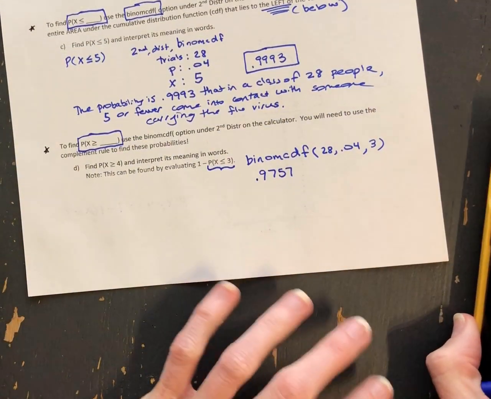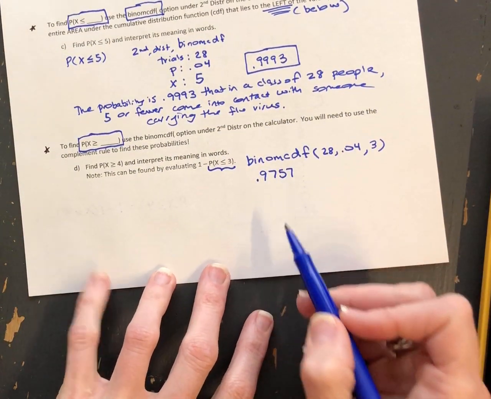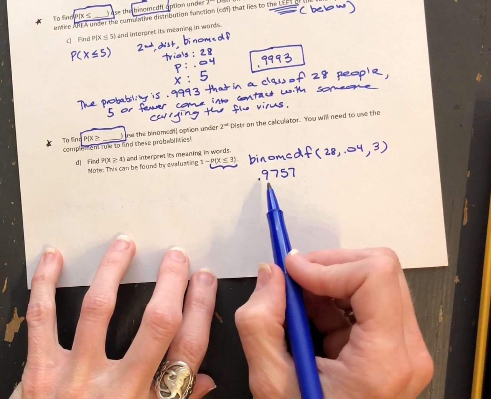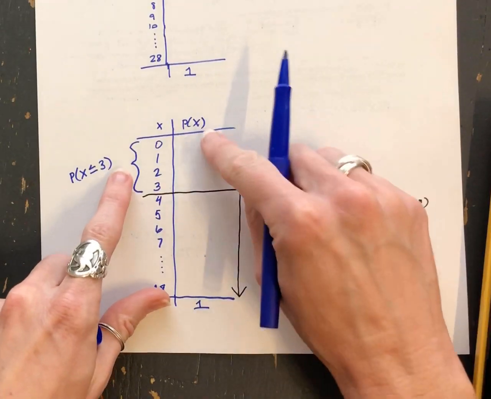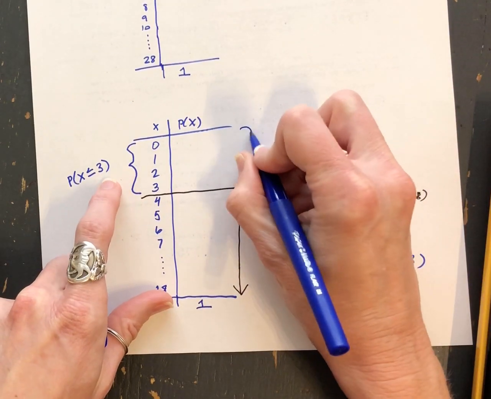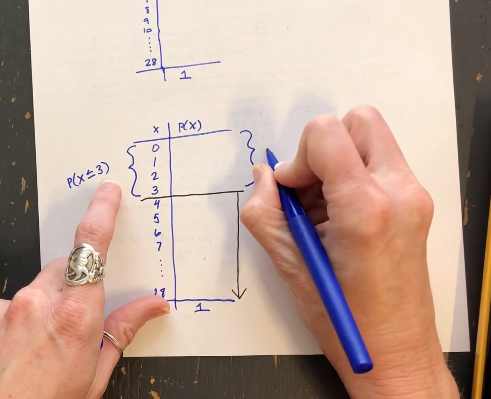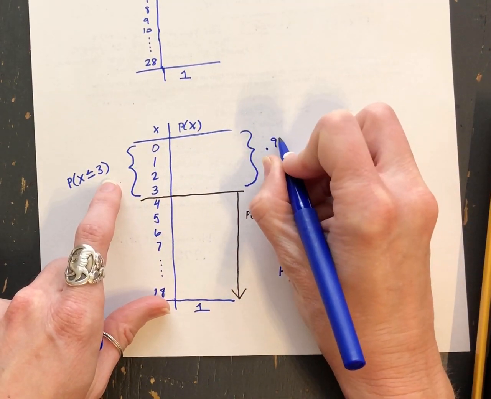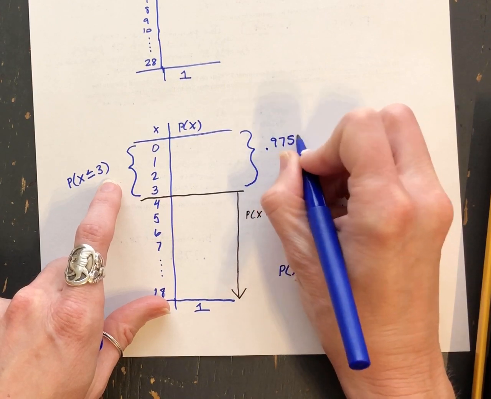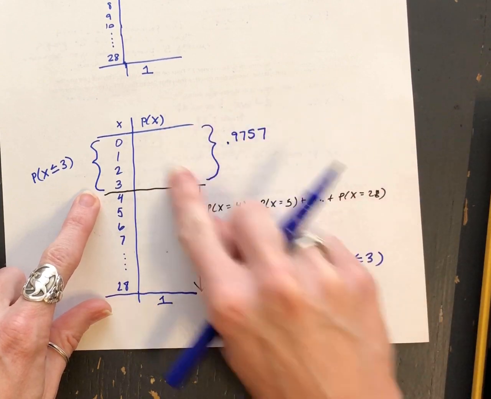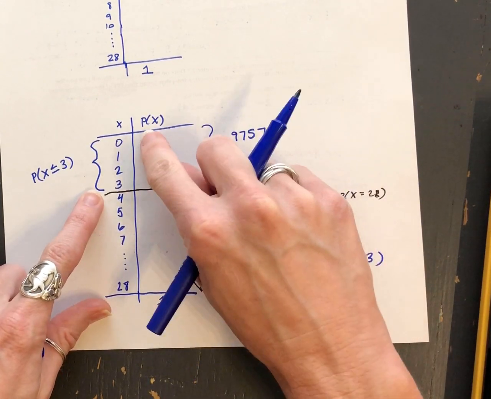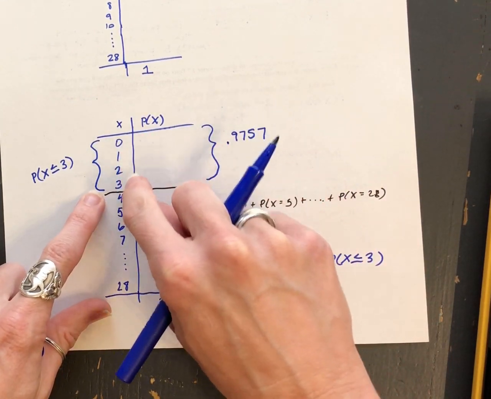It's really tempting to just automatically circle whatever comes out of the calculator, but remember that was the probability that X was less than or equal to 3. That was this part right here, right? So what we just found is that this is 0.9757. So 97% of the probability is made up with just the outcomes 0, 1, 2, and 3.